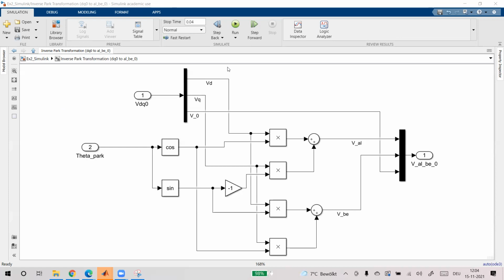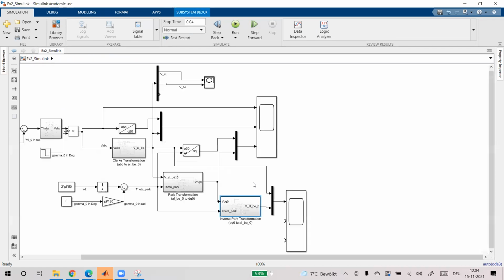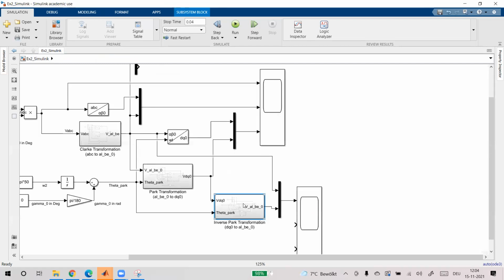I would do the parallel inverse Clarke. You have the equations, I guess you can do those things.